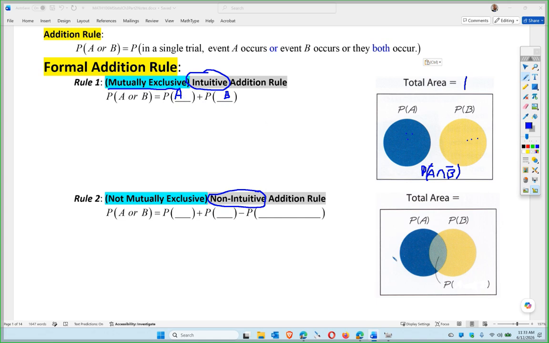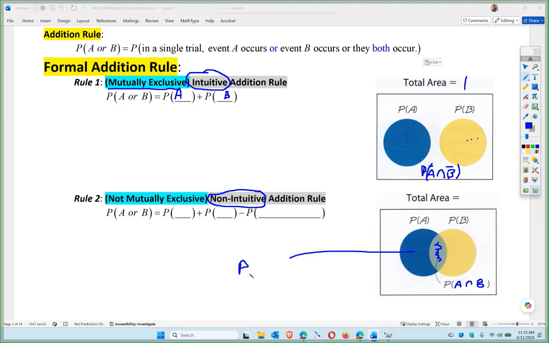So if it's not mutually exclusive, you're going to have things in common. So like A and B, right? Okay. So this could be like, I don't know, what's a good example? Cars with sunroof, right? You can be a car. So this area right over here would be the probability.